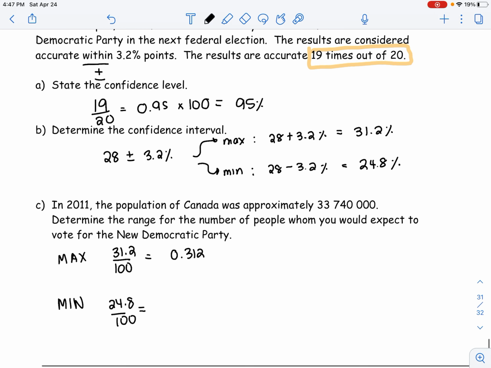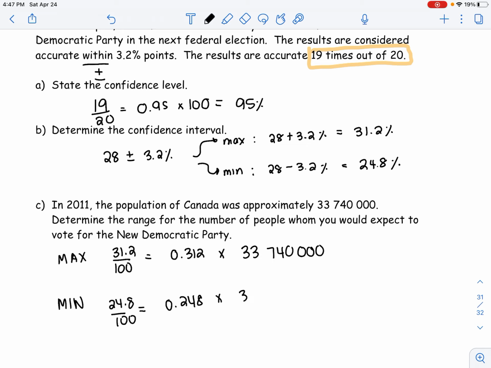So by dividing by 100, I get 0.312 because that's the only way. You can't use a percentage to calculate values. You have to use the decimal form. And then you multiply both of those by the population to get our answer.